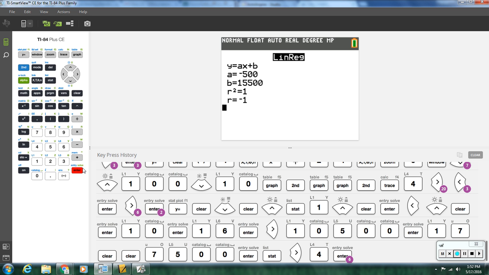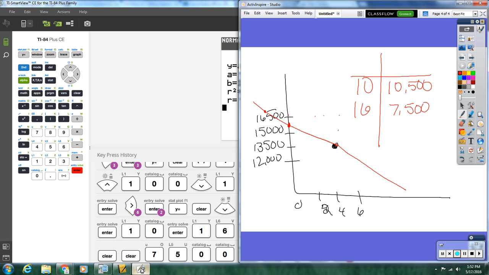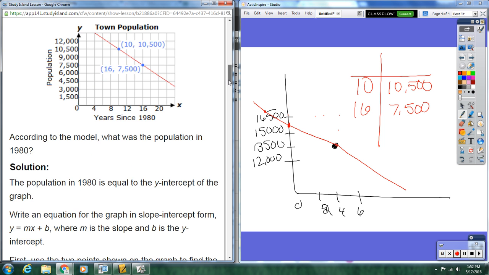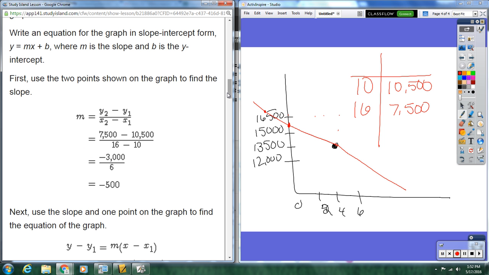Now, if this happened to be on the non-calculator portion, would this be a good way to try to get close to it? Yeah, that wouldn't be too bad. Now, that's not the way they did theirs, though. One other way. Anybody know? That one is really a whole lot longer than what we did. First thing they did was find the slope using the slope equation.